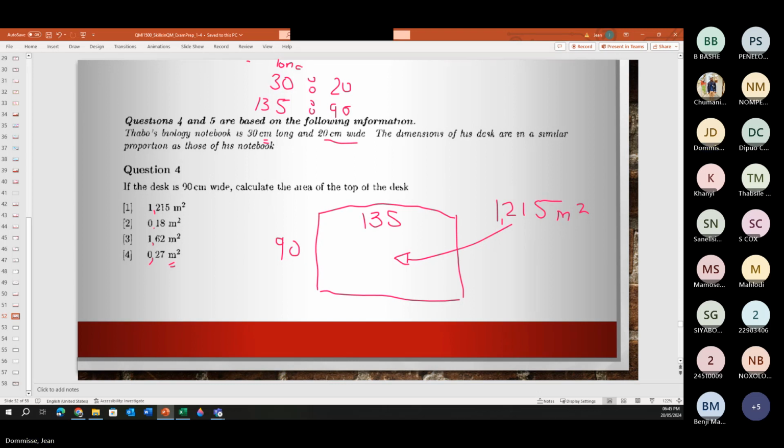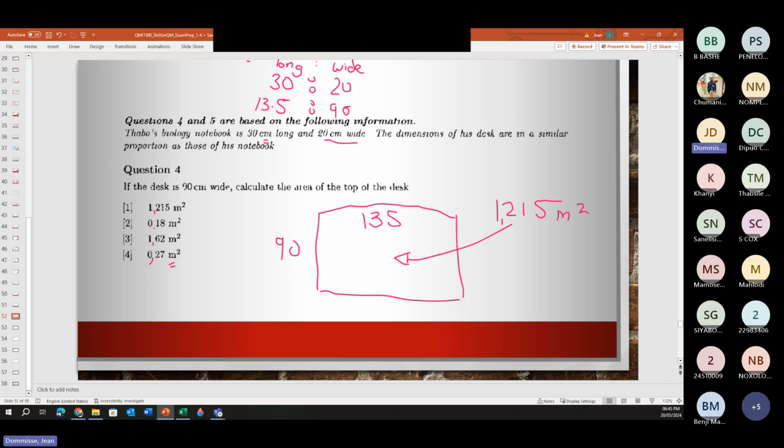Firstly, how long versus how wide. They tell us 30 and 20, but then they say it is 90 wide, so then the length must be longer than the 90.